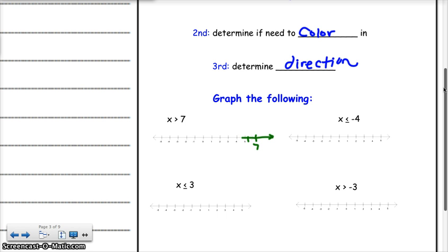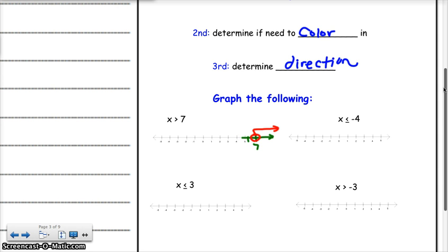So if I'm bigger than 7, I'm going to make a circle at 7. I'm not going to color it in because there's not a line under it. And if I'm bigger, I'm going to the right. So I made a circle at 7. I didn't color it in because there wasn't a line. And if I'm getting bigger, I go to the right.